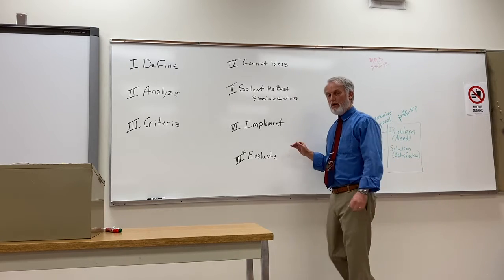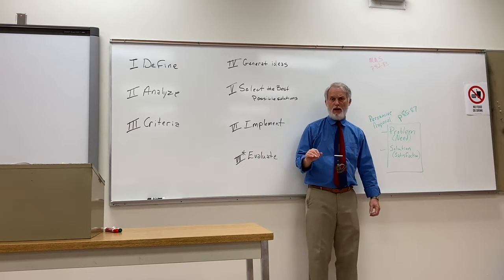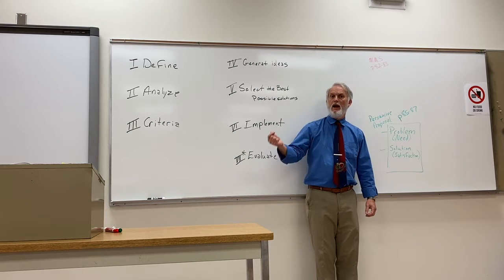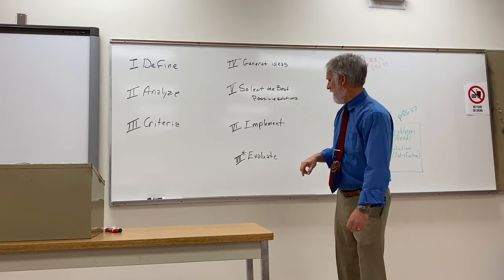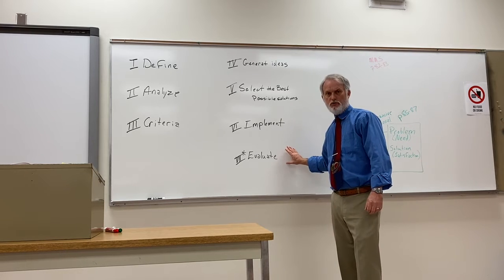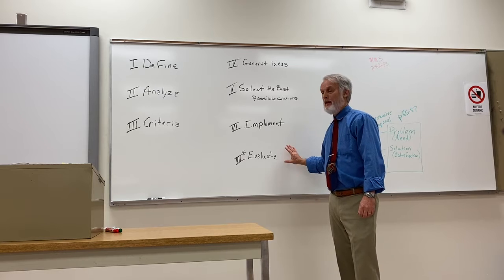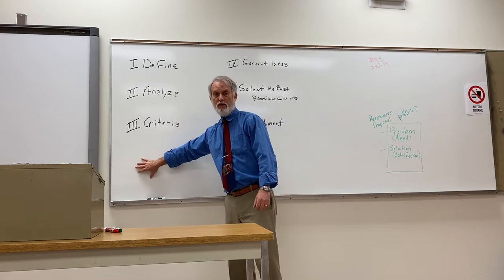Step 7 that we're not going to talk about in class or do in class, but you might if you're doing this outside of class in a real world application, is to evaluate your solutions after they're implemented to see if they worked. Did these things actually happen?